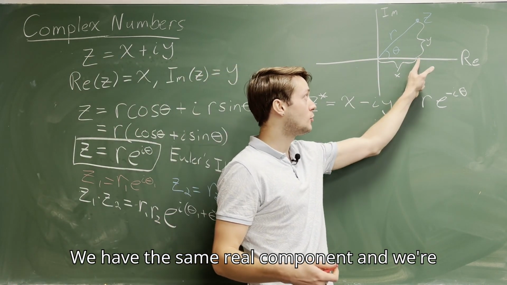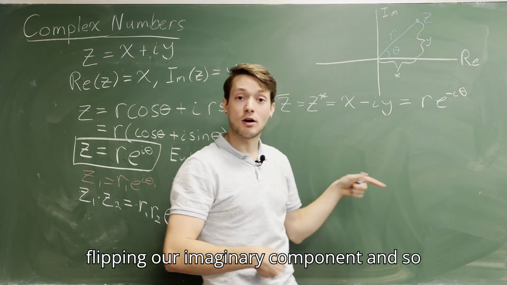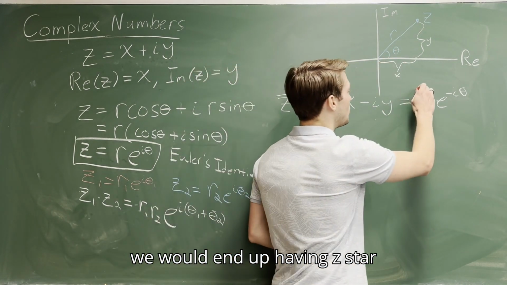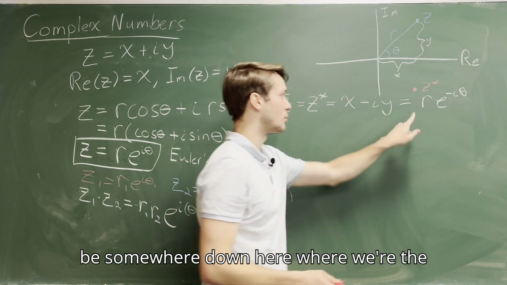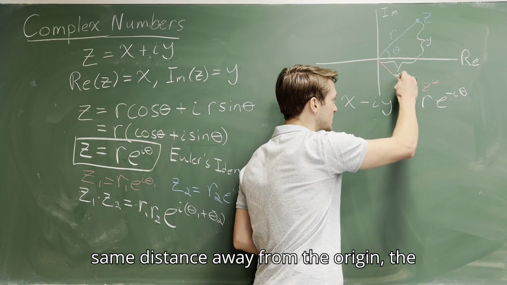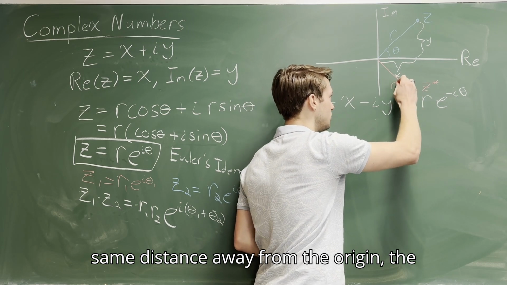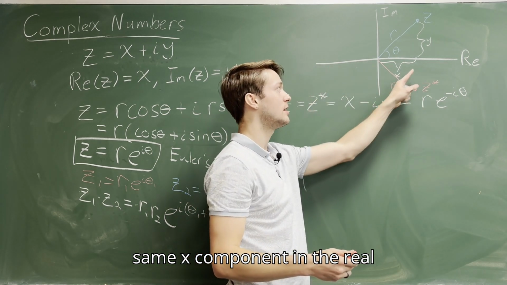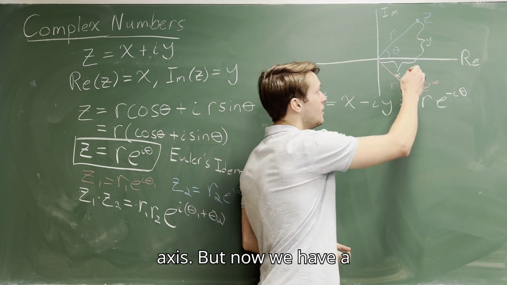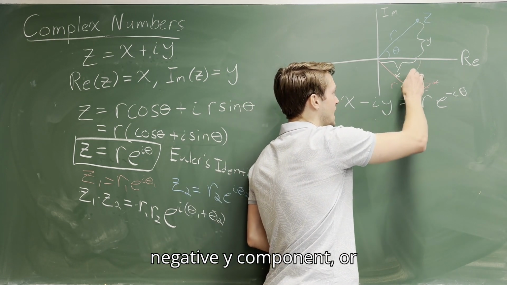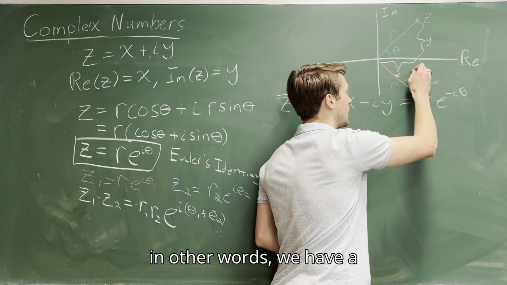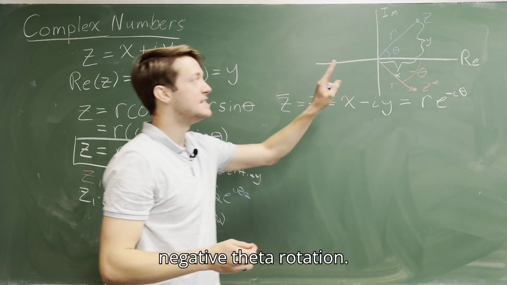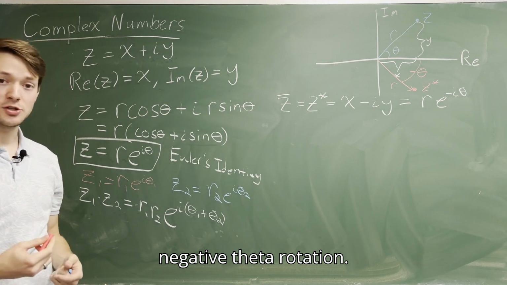We have the same real component, and we're flipping our imaginary component, and so we would end up having z star be somewhere down here, where we're the same distance away from the origin, the same x component in the real axis, but now we have a negative y component, or in other words, we have a negative theta rotation.